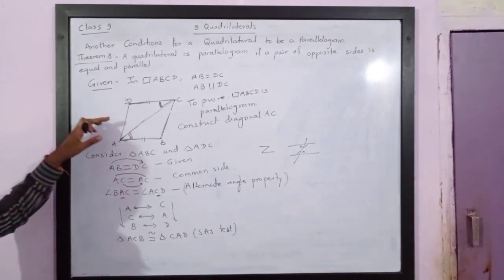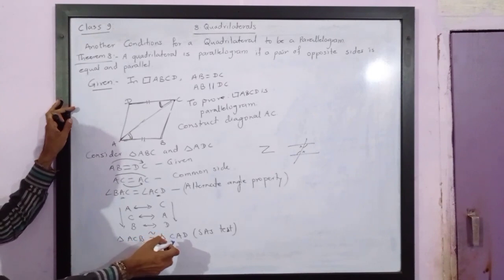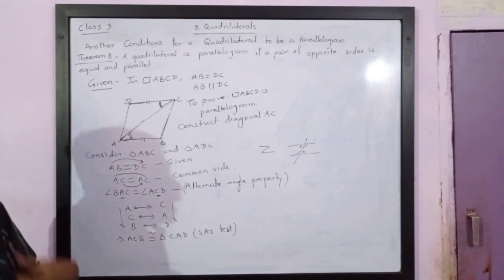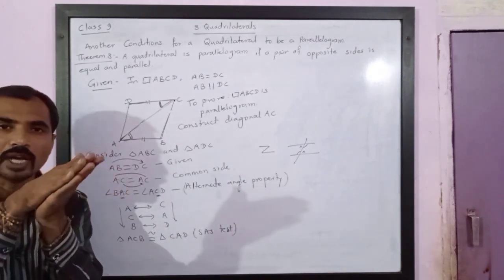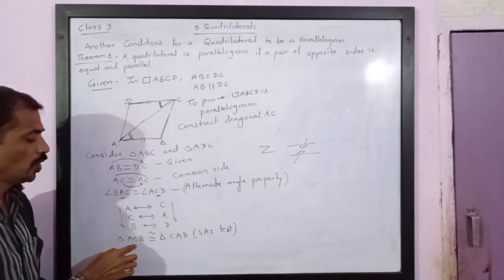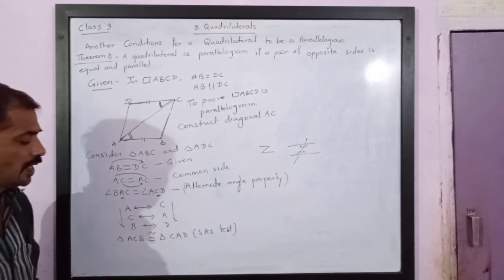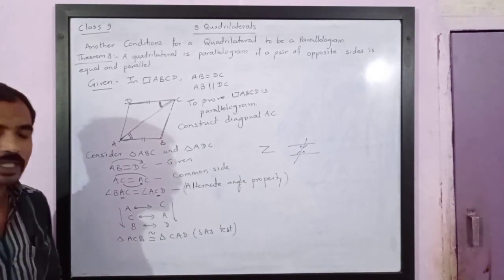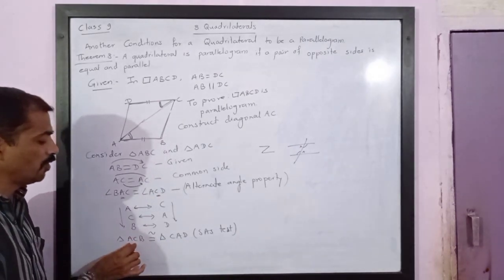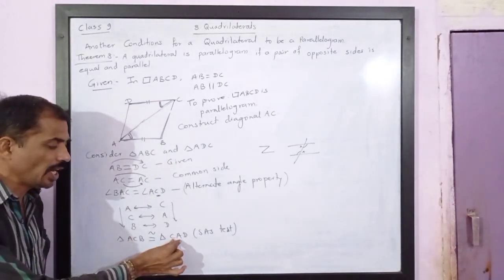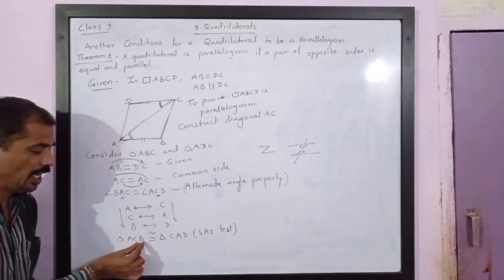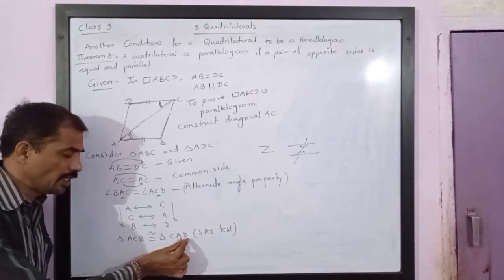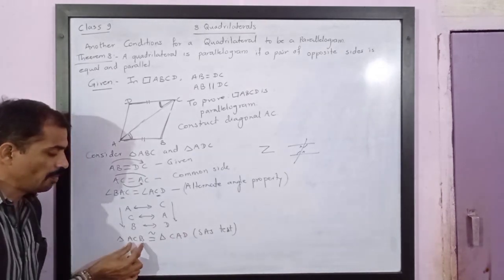Now we have triangle ACB congruent to triangle CAD. It means if you keep these two triangles one above the other, the first vertex will coincide with the first vertex, the second with the second, and the third with the third. That is, the side formed by the first two vertices is equal to the side formed by the first two vertices, and likewise for the second and third, and the first and third.